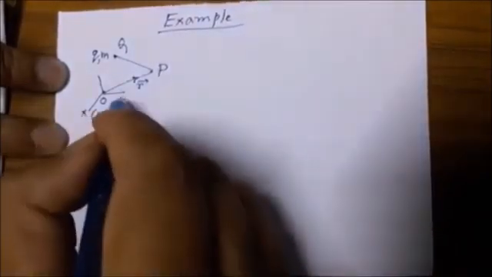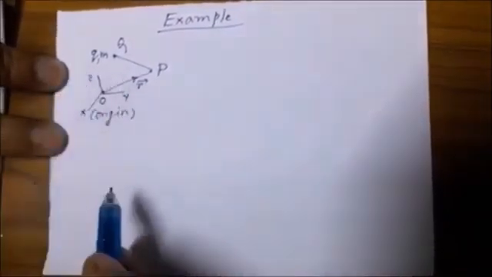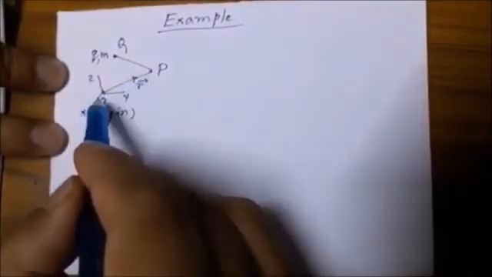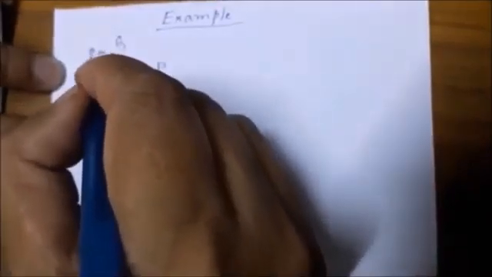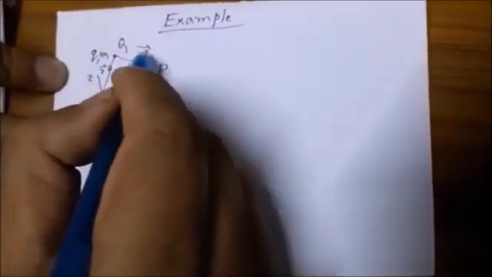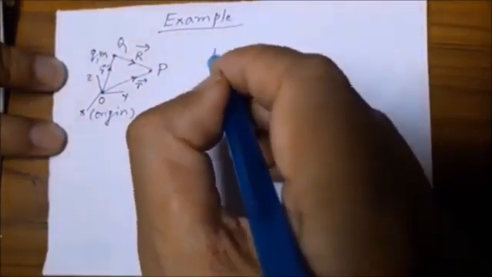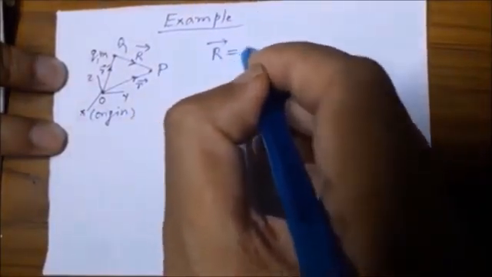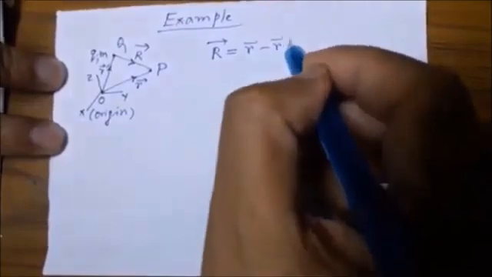This is x-axis, this is y-axis, this is z-axis, and this is the position vector of the point P with respect to origin, and this one is the position vector of the point Q with respect to origin, which is vector r prime, and therefore this is capital vector R, and we have the relation capital vector R equal to R minus R prime.